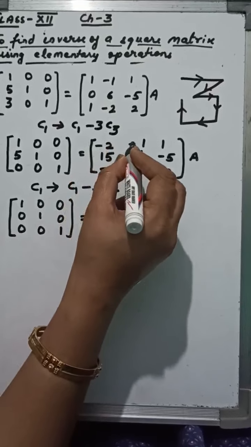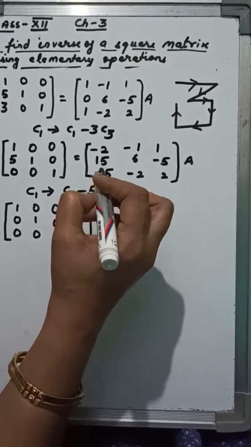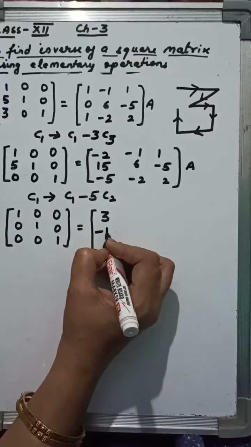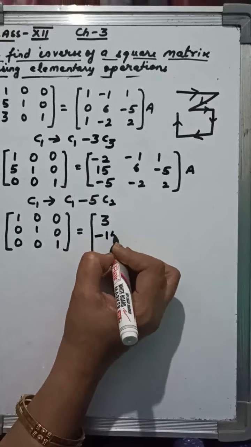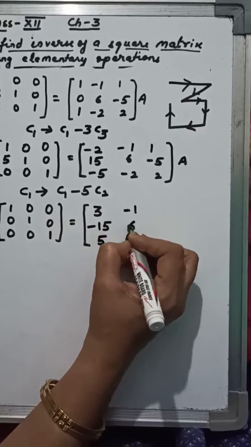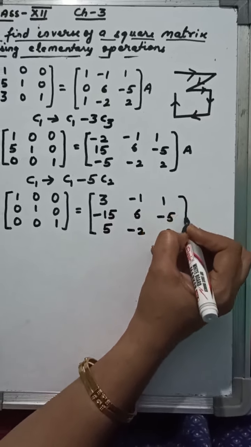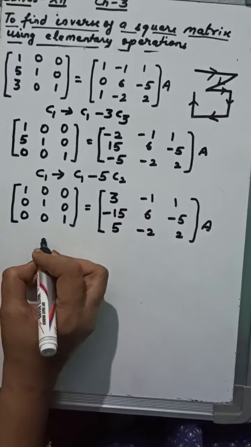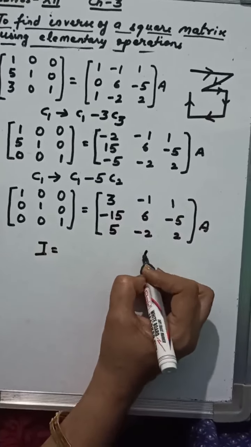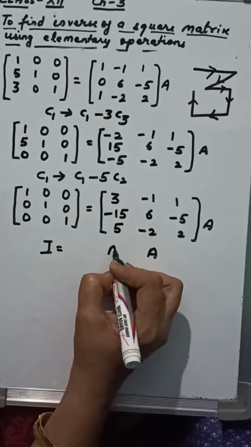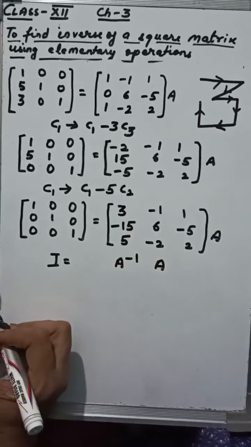Now minus 2 plus 5, 3, 15 minus 30, minus 15, minus 5 plus 10, 5, second column as it is, third column as it is. So as this is the identity matrix, this A as it is, this new matrix is the inverse of A.